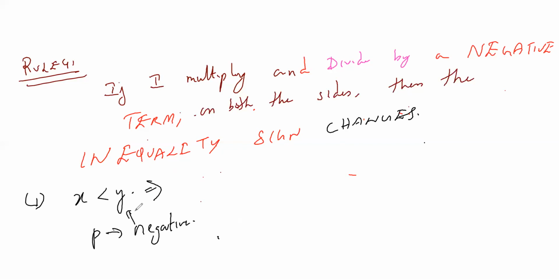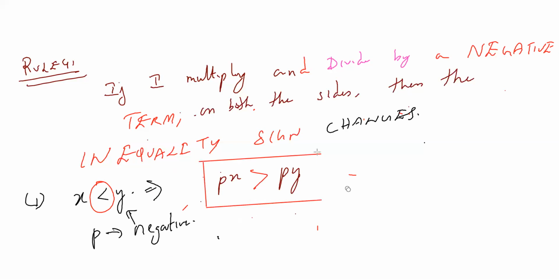So this will become Px and Py. But instead of this less than symbol, it will be greater than symbol. That's all. So the equivalent of this is nothing but the symbol changes.